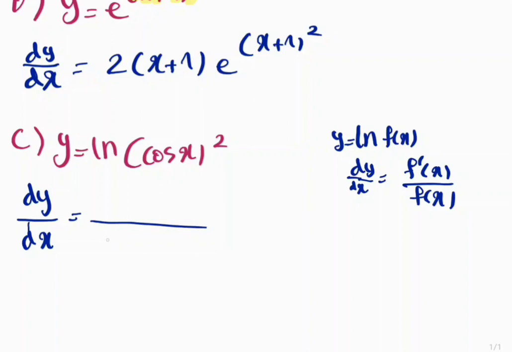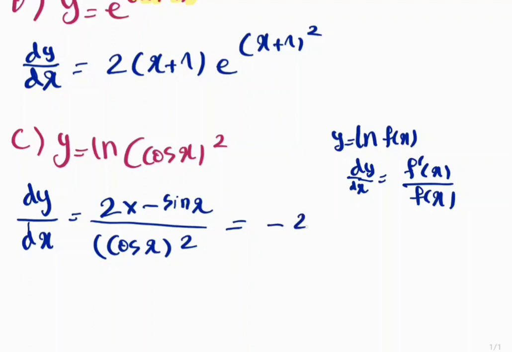So in this case, the denominator is (cos x) squared, and the numerator is the derivative of this function. So (cos x) squared differentiates to 2 times, cos x differentiates to minus sine, and the power decreases by 1. And simplifying, minus 2 sin x over (cos x) squared.